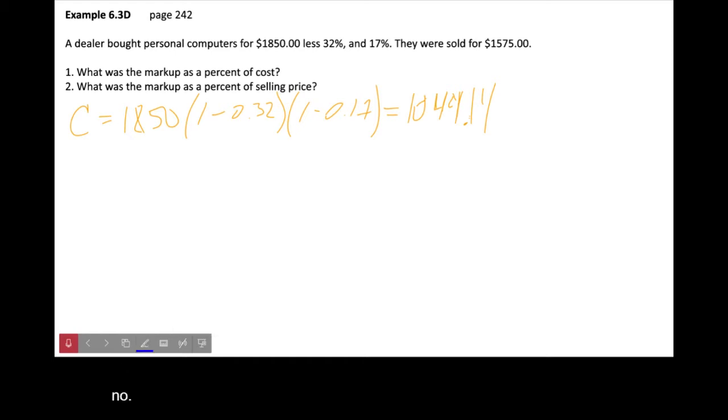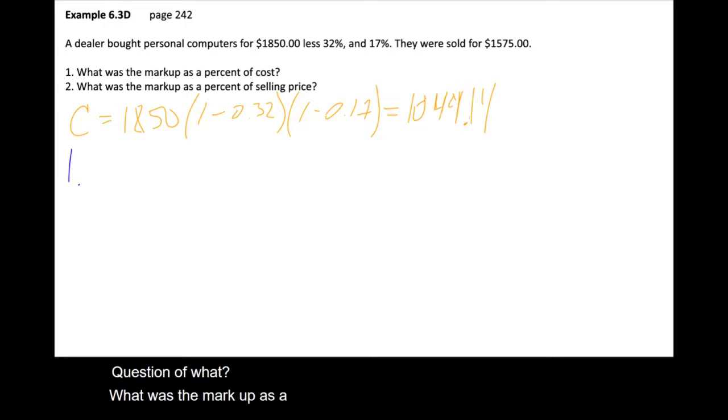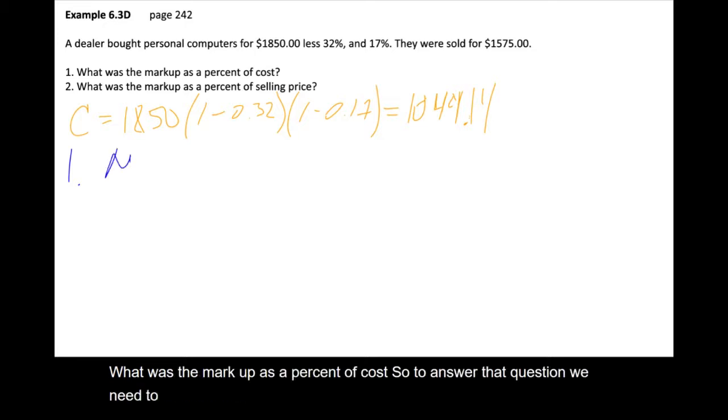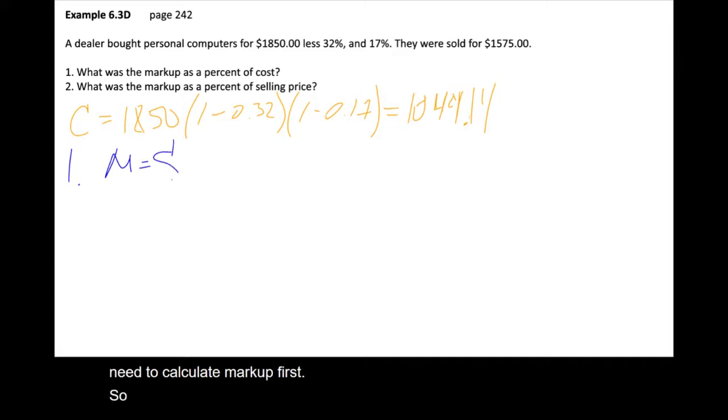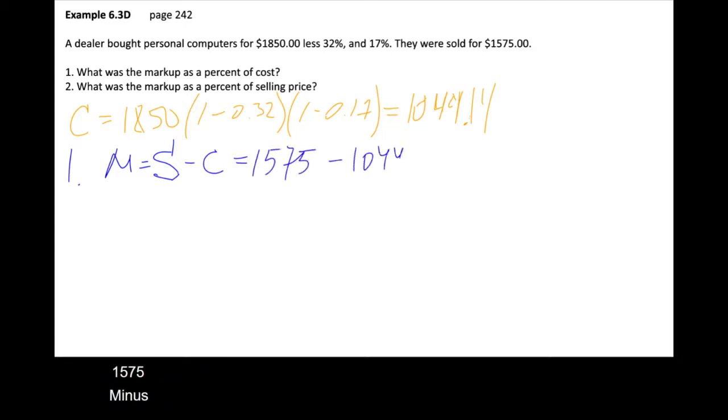Now, question one. What was the markup as a percent of cost? To answer that question, we need to calculate markup first. So markup is S minus C, 1575 minus 1044.14. So it is $530.86.